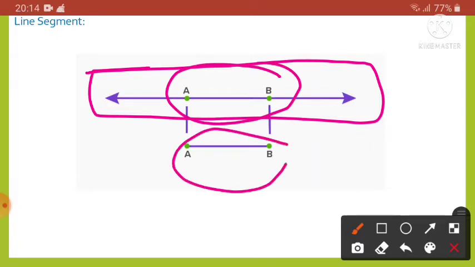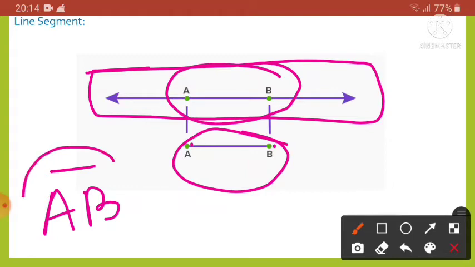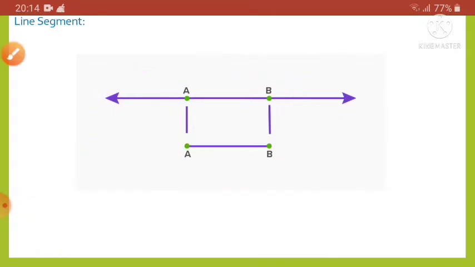AB is the line segment, having two definite endpoints A and B, so it cannot extend in both directions. We represent it with a bar, without any arrows on any direction.